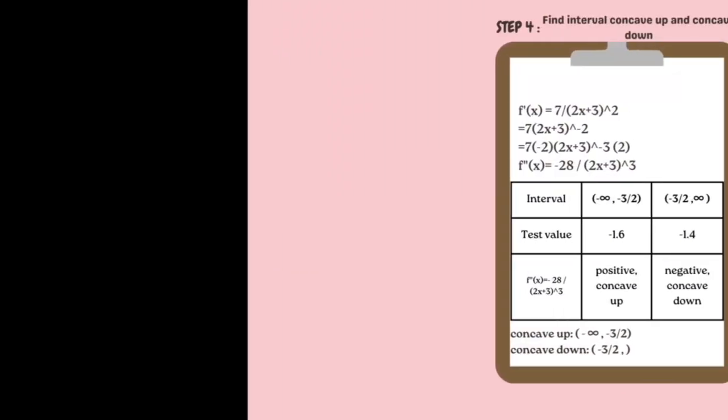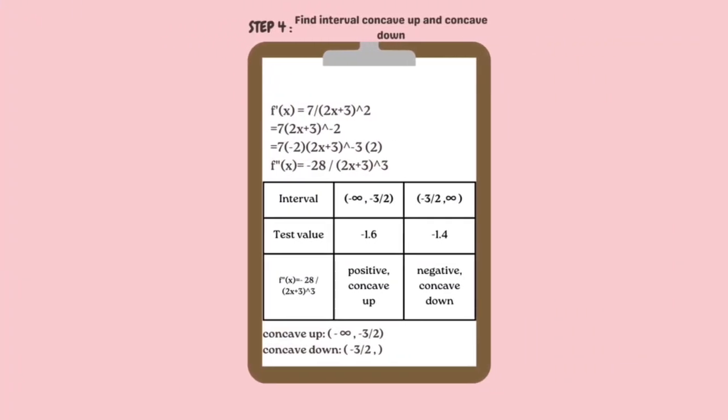Okay, next, to find interval concave up and concave down, we must differentiate f(x) twice, known as the second derivative. First, we bring (2x plus 3) to the power of 2 upward. Then it becomes 7 multiplied by (2x plus 3) to the power of -2. Then we bring the power of -2 in front and multiply with 7, then copy the bracket.